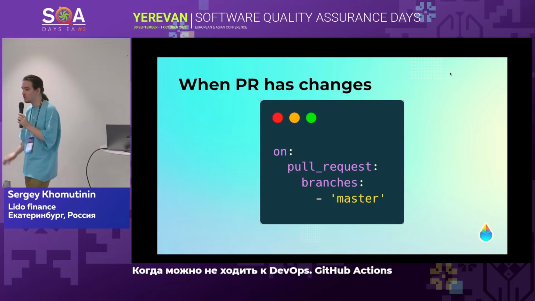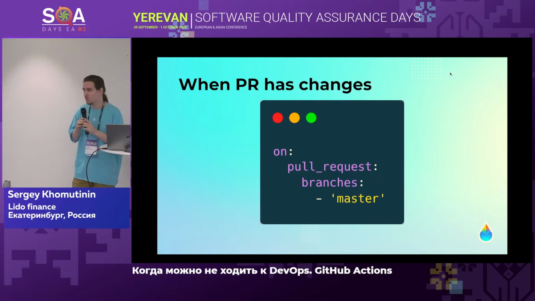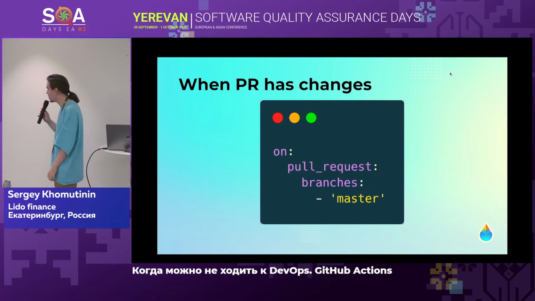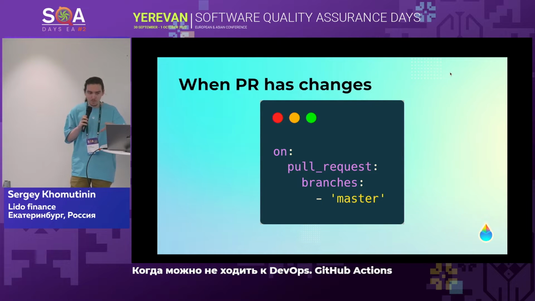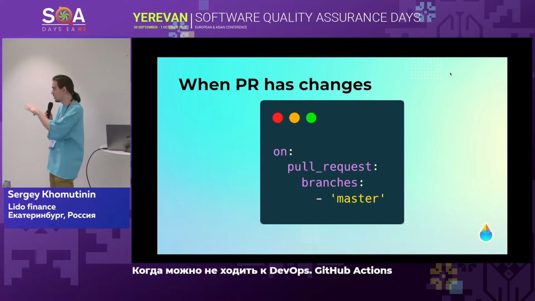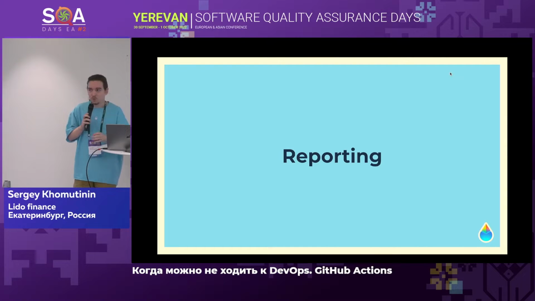If a pull request is created in the master branch, then we launch the tests. There are various filter options. In fact, if an application code has been modified, for example, in the app folder, then tests will be launched automatically.